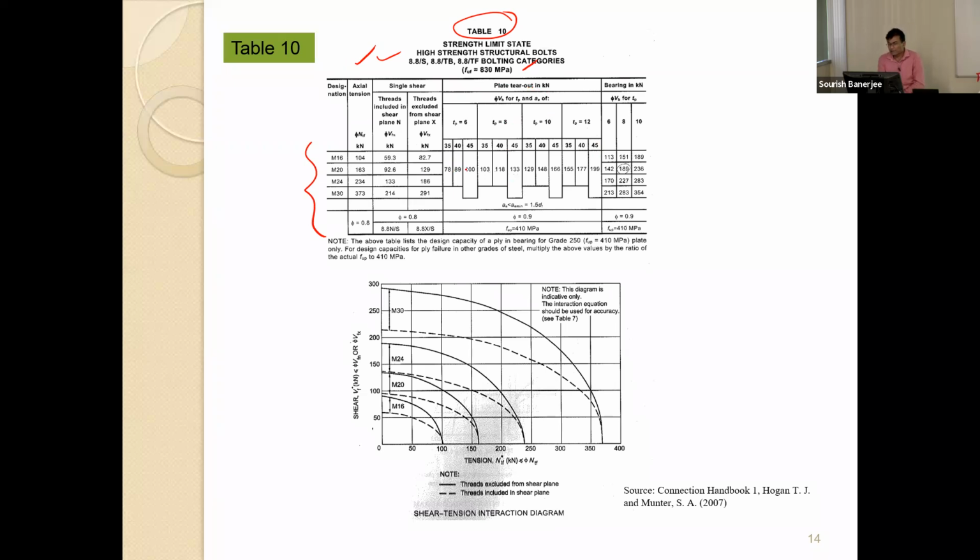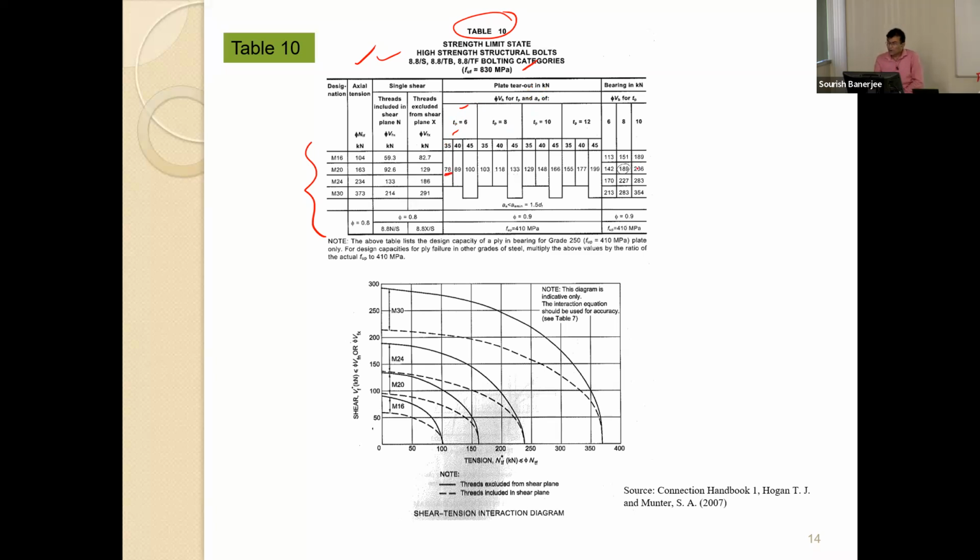For example, if you look at M20, it says that if you use a value of AE, for example, with a plate thickness of 6 millimeter, the plate tear out capacity for that TP and that AE, which is basically the edge distance, is 78 kilonewton.